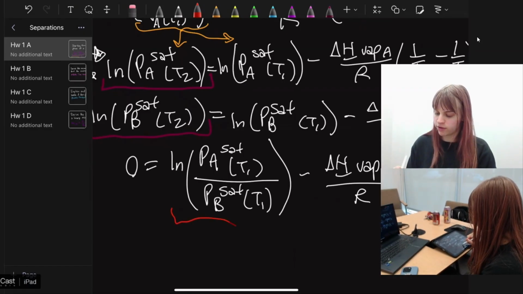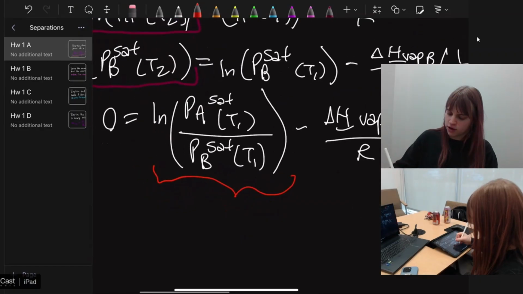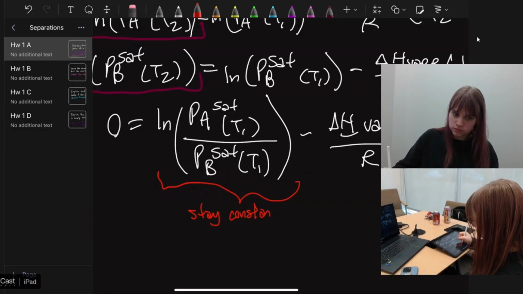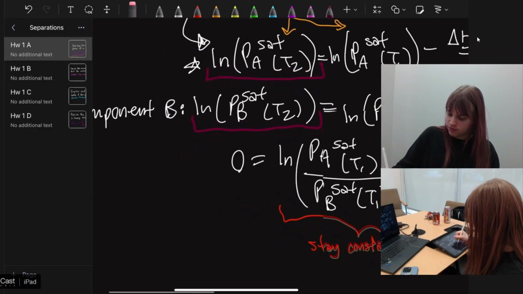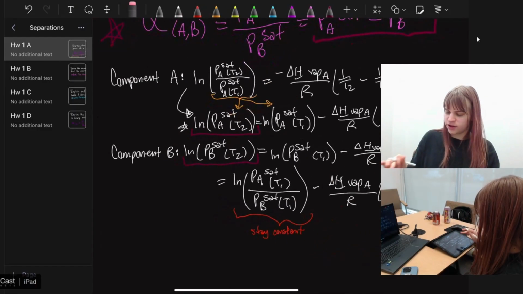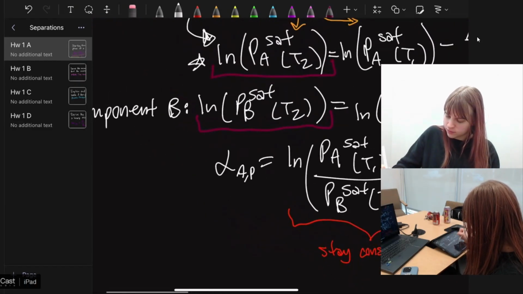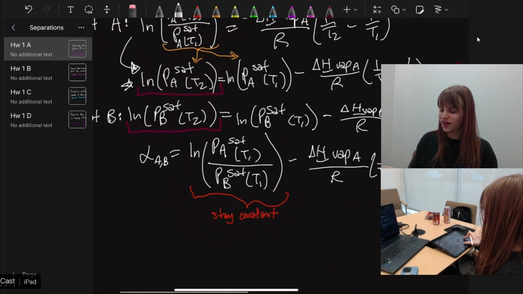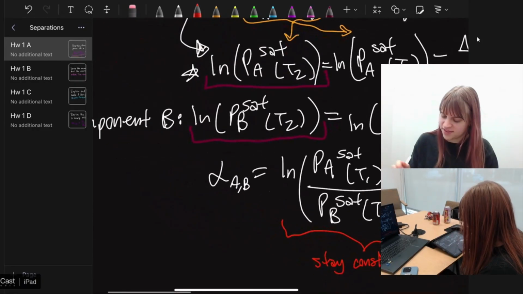So we're not worried about this ratio. This should stay constant. And, sorry, rather than this 0, I should have written, I don't know why I wrote that, the relative volatility of A and B. So it's not 0. This is correct.